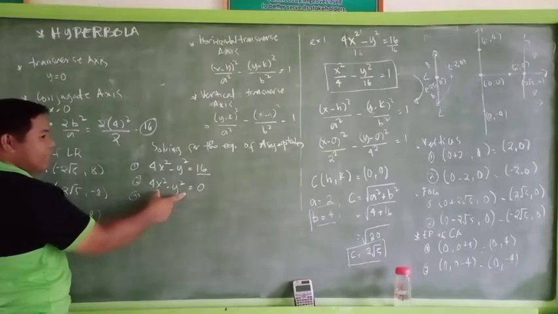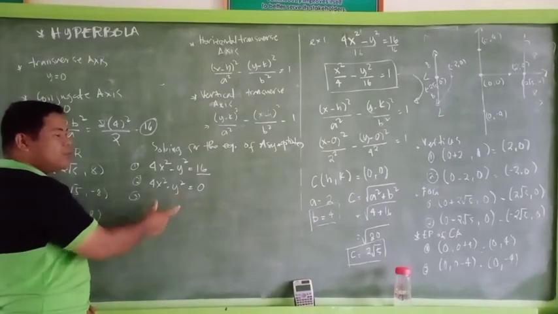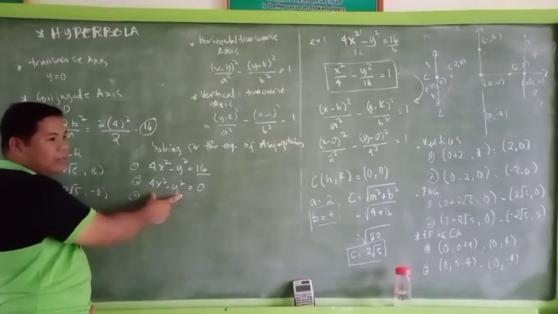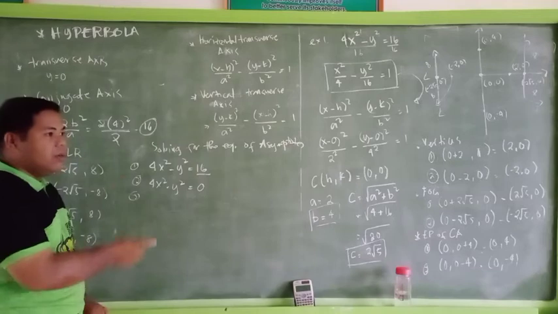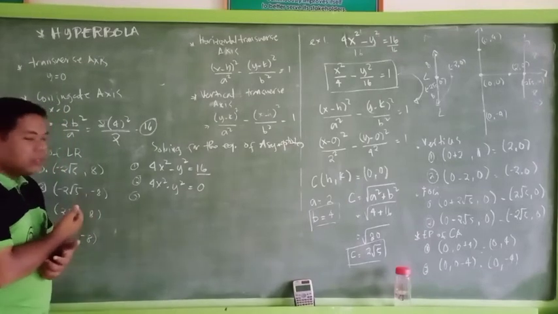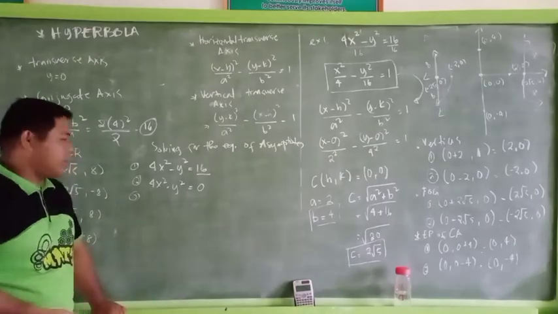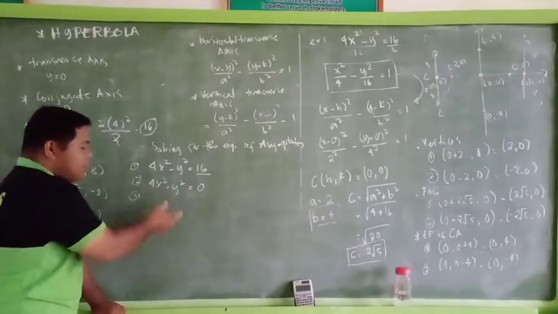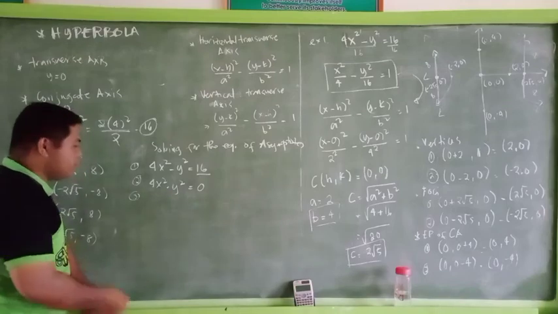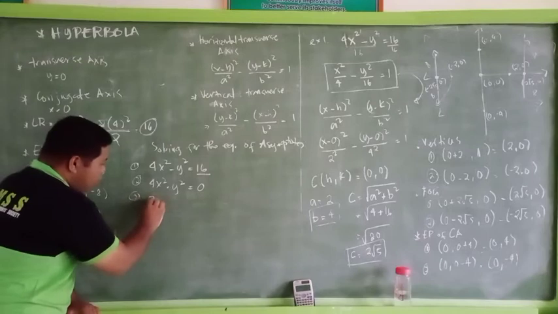So gawin natin tong difference of two squares. So kung naaalala niyo yung topic natin dun sa grade 8 or sa grade 7, I don't know. So meron kayo dun special products, di ba? Difference of two squares. So meron tayong 4x squared tapos negative y squared. So para tayo magkaroon ng difference of two squares, kunin ko lang yung square root ng 4, which is 2.